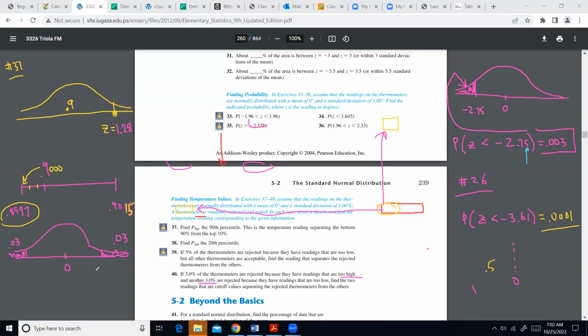And since the 0 is in the middle and the picture is symmetric, then I can just find the one on the left side, and on the other side it will be opposite. So if that's a Z with a plus sign on the right, then same, but negative will be on the left. So I need to find 0.03 in my tables.